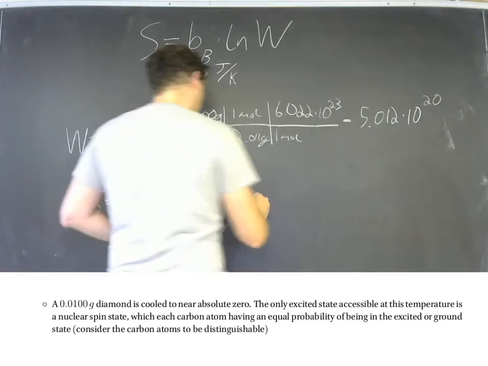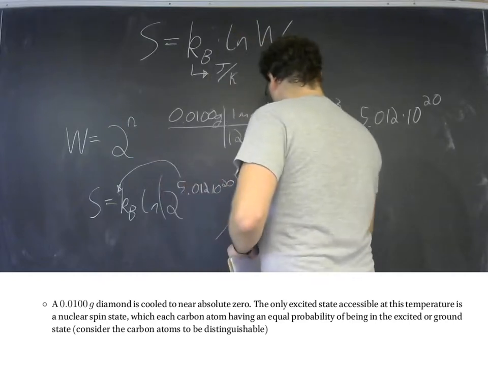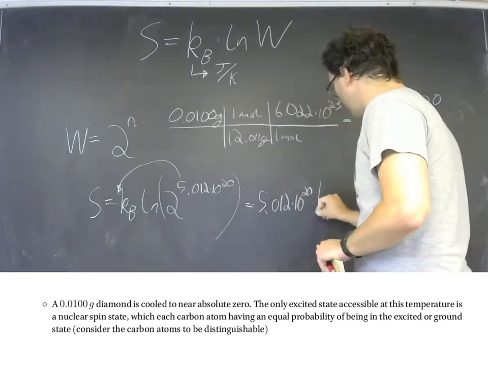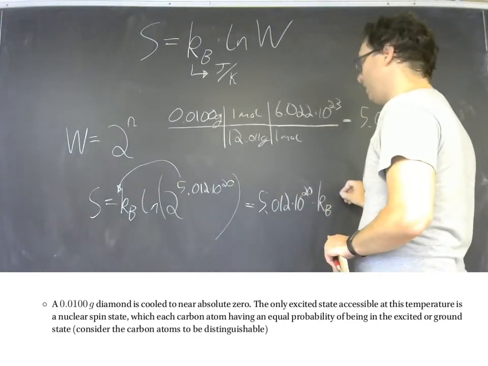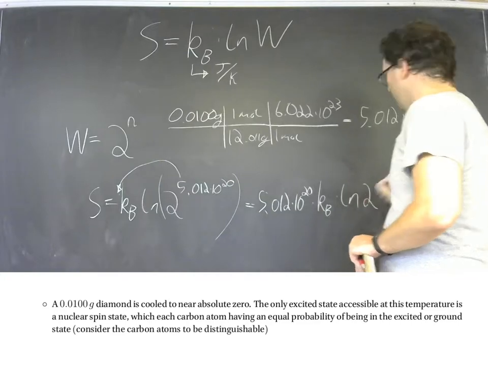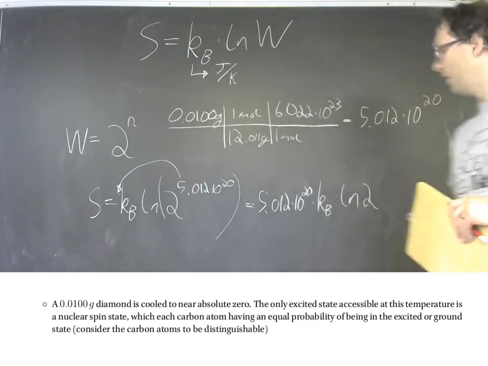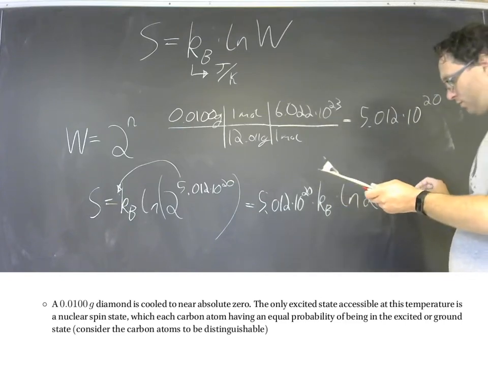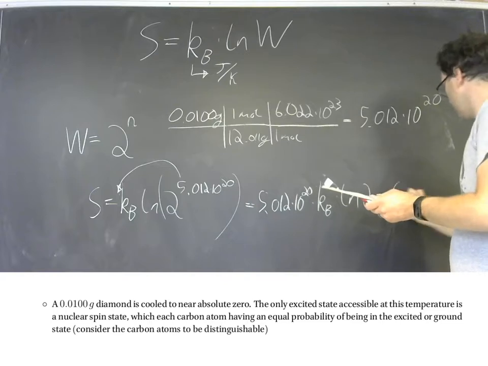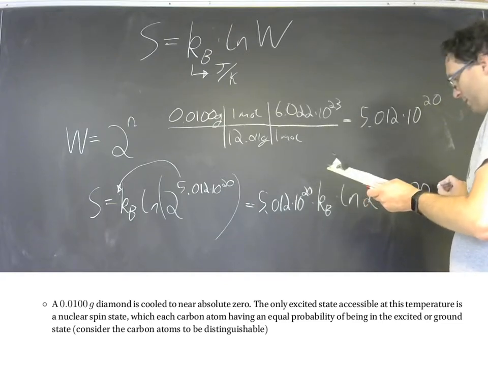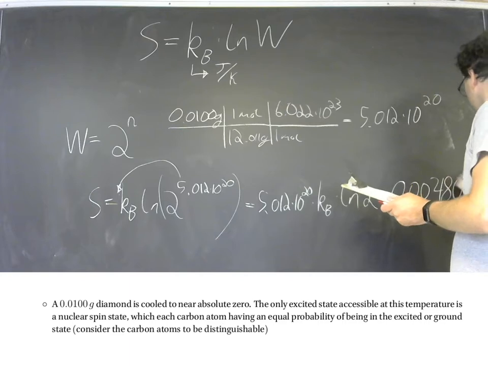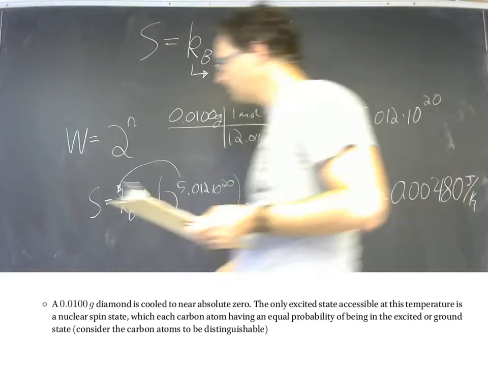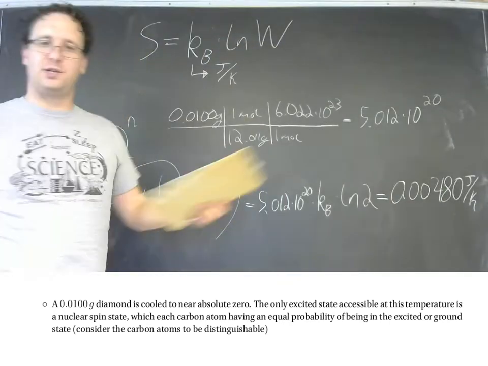So this is going to equal 5.012 times 10 to the 20th times the Boltzmann constant times the natural log of 2. Now that's something your calculator can handle just fine. And that's going to give you 0.00480 joules per Kelvin. And finally we have a system that has an appreciable amount of entropy.